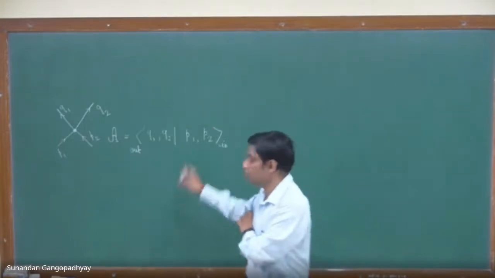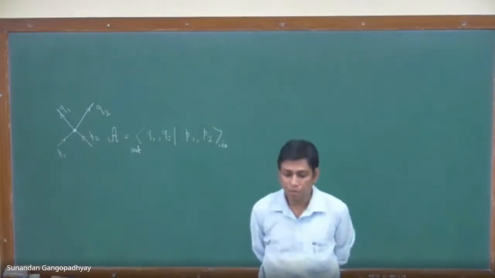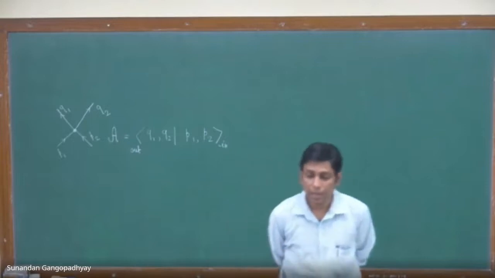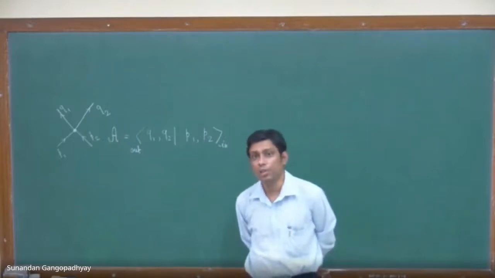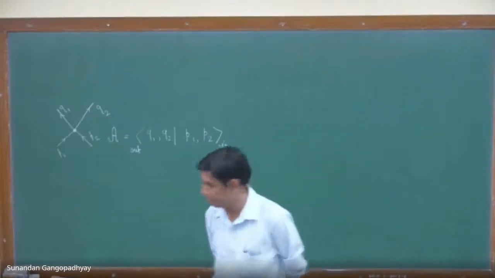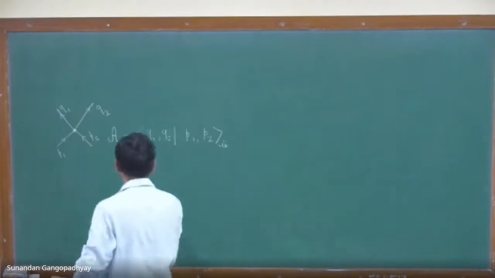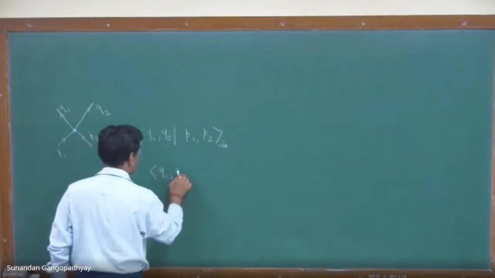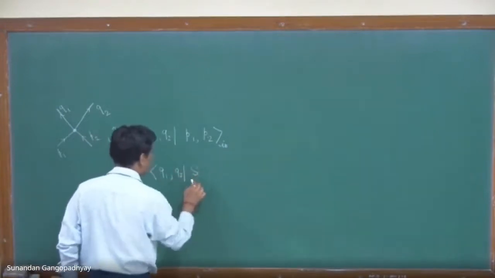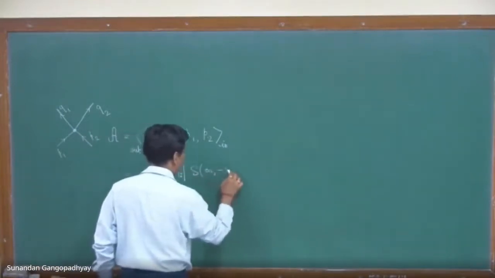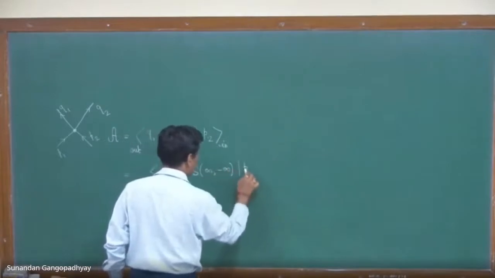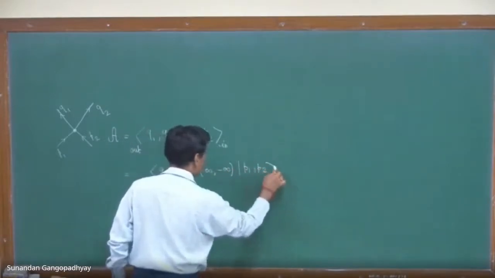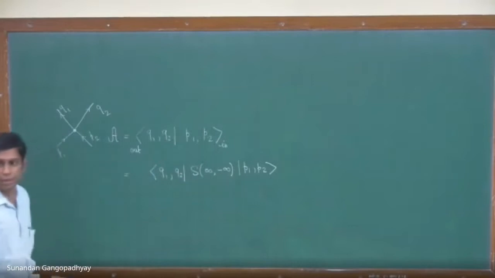And as you know, this in state and out state are basically the time independent eigenstates of the full, fully interacting theory. And now you can write it down in terms of the S matrix.